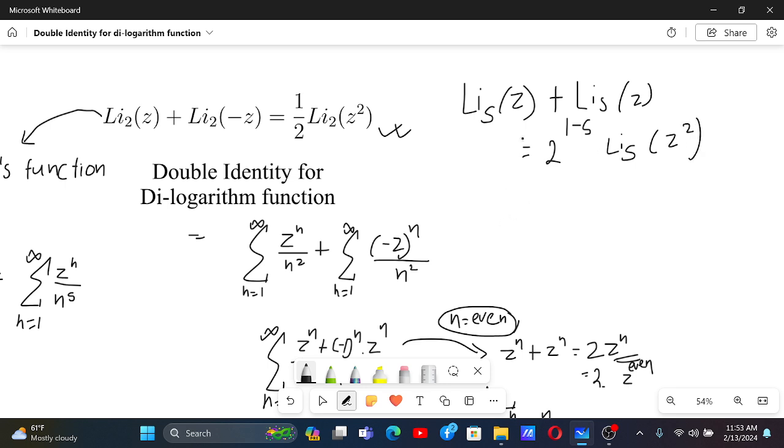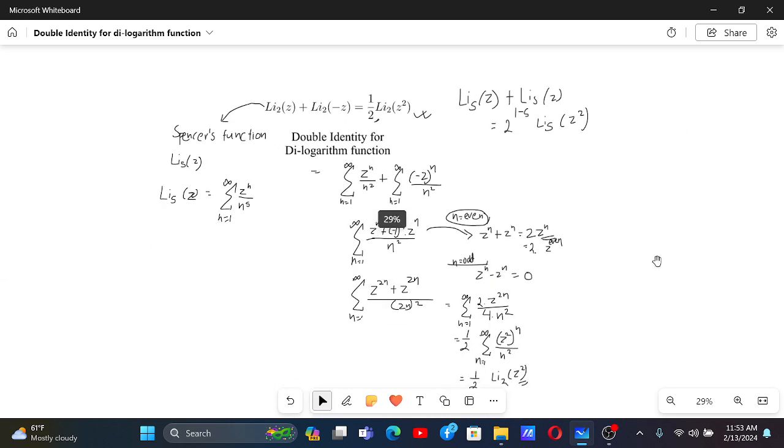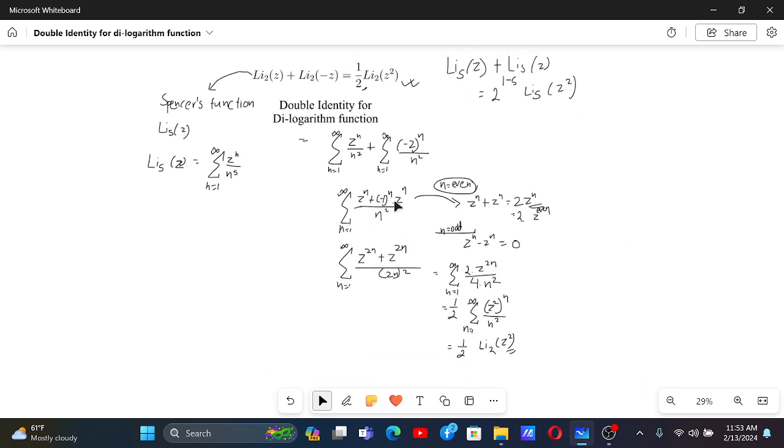Yeah, and the special case where you put s equals 2, we have 2 to the power 1 minus 2, which is 2 to the power minus 1, which is 1 by 2. And this is how you prove this identity. So basically just invoke the sum definition, and notice that minus 1 to the power n goes to minus 1 and 1 for different cases, and when even we can add them. So this was the proof.